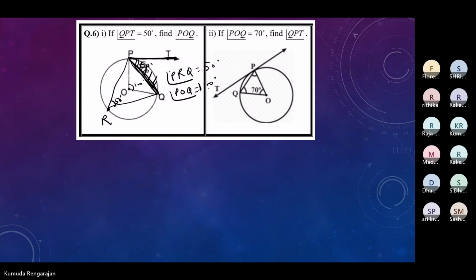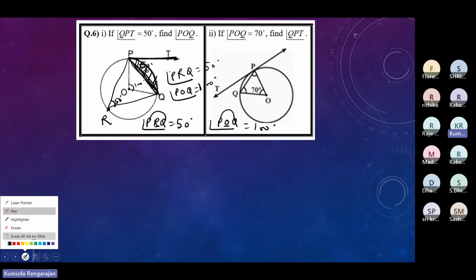Angle PRQ is 50 degrees by the alternate segment theorem. So angle POQ will be 100 degrees because both angles are subtended by the same arc PQ. One angle is subtended on the circumference, the other is at the center.